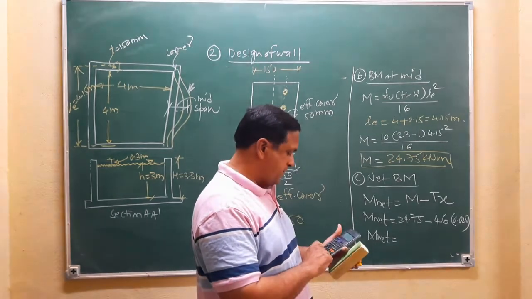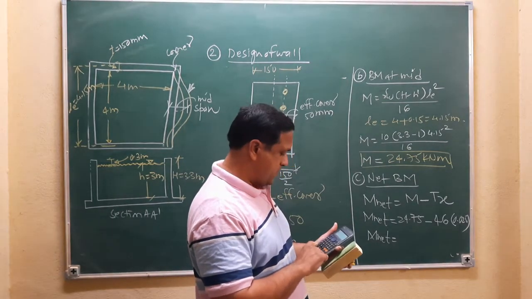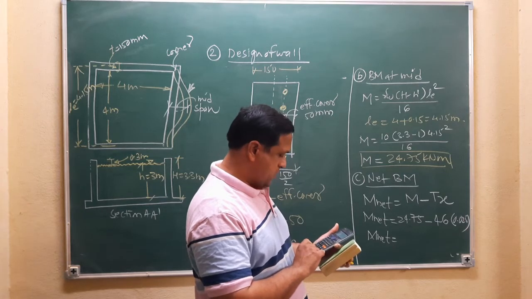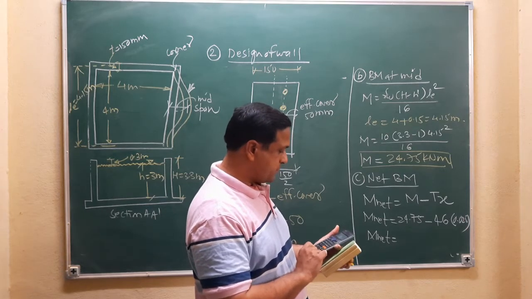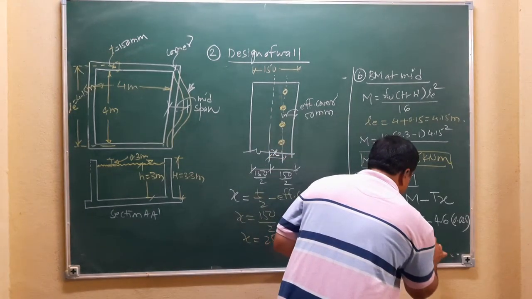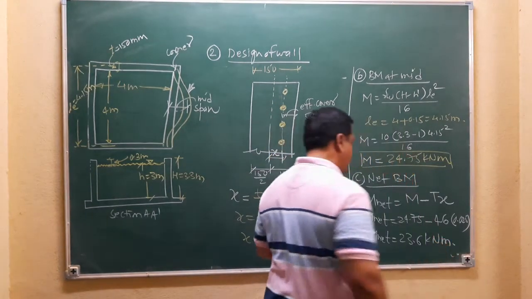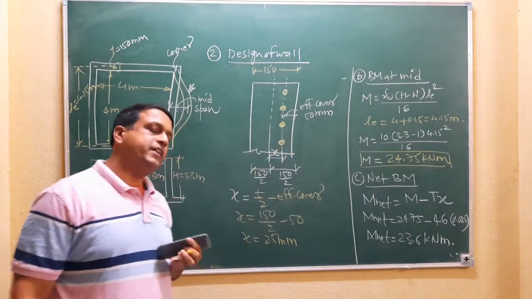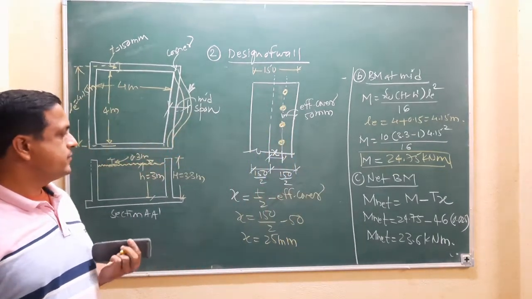So M net is 24.75 minus 46 into 0.025. The value is 23.6 kilonewton meter. So this is M net.